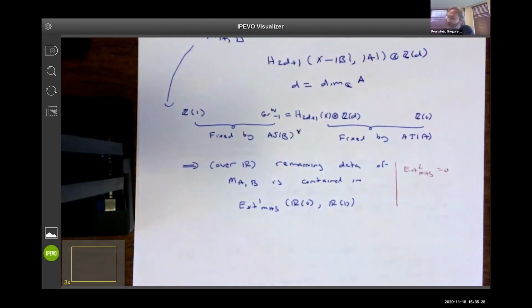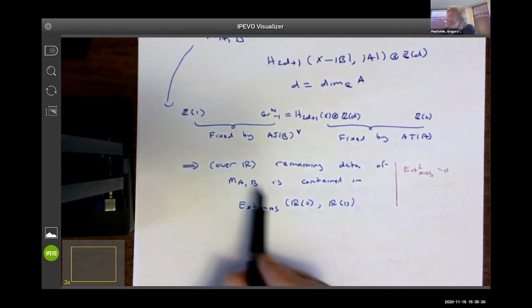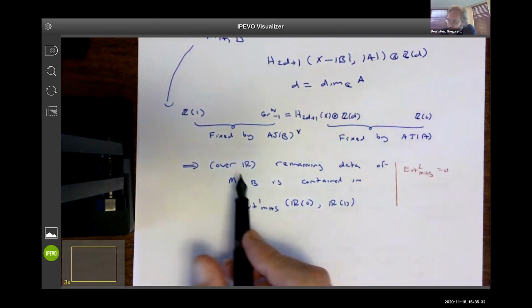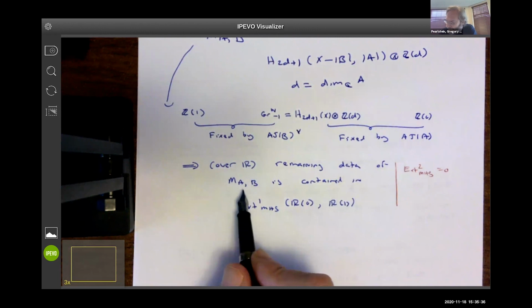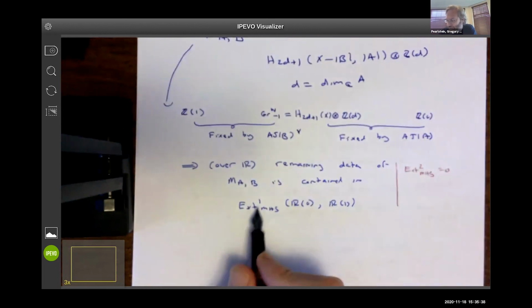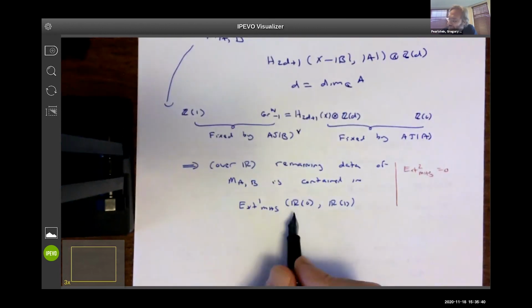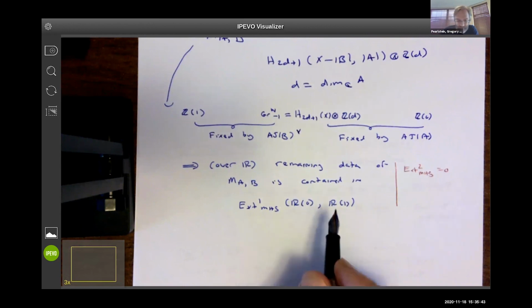So over R, Ext^2 is 0 in the category of mixed Hodge structures. So over R, the remaining data of this mixed Hodge structure is just contained in Ext^1 of the mixed Hodge structures R(0) by R(1).